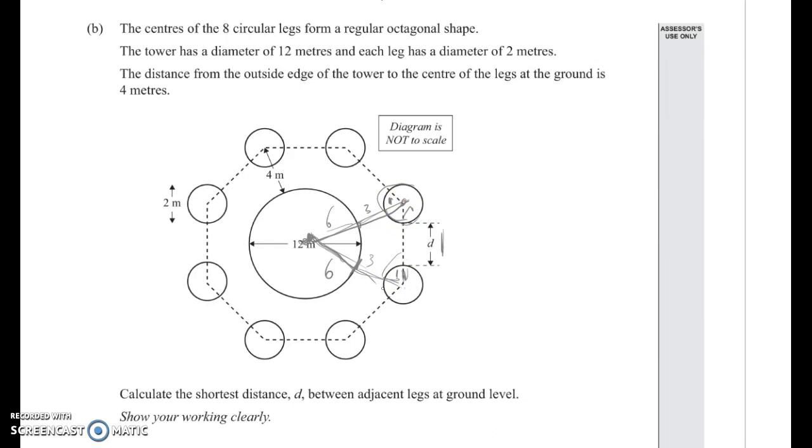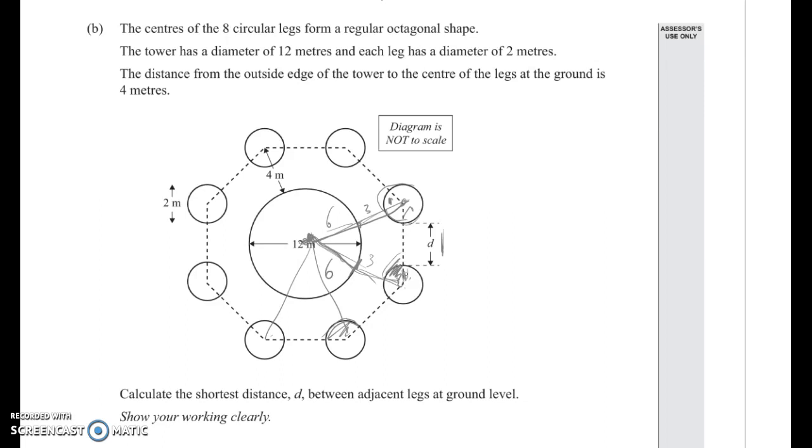Well, I haven't done anything to do with an octagon, so I could find out what one full angle was, and obviously when I'm doing my isosceles triangle, it's dividing it into 2, so I could find out what this angle is. That could be a useful start.